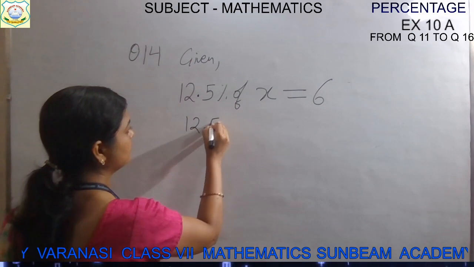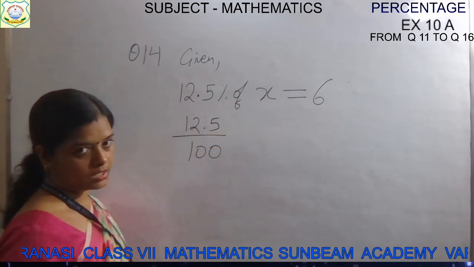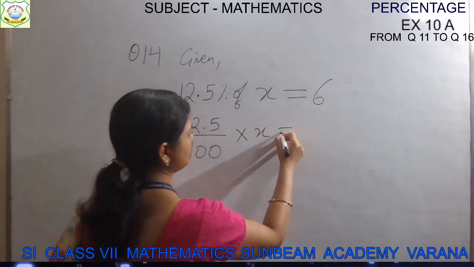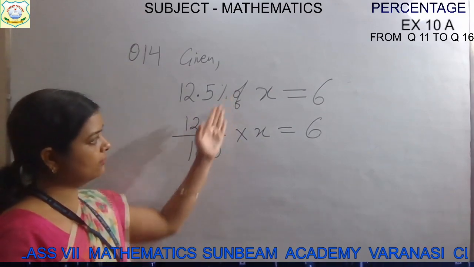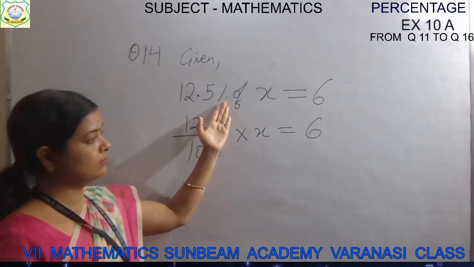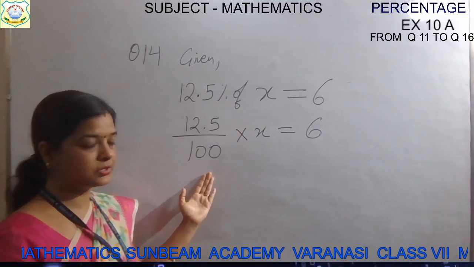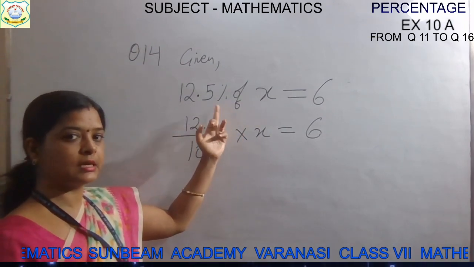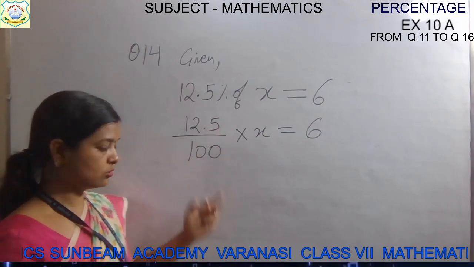12.5% means, children, 12.5 out of 100. Of means multiply, x, that is equal to 6. I have further simplified it. Using this percentage sign, it is now converted into a fraction. Wherever you have a percentage sign, after that step you can write it this way also.